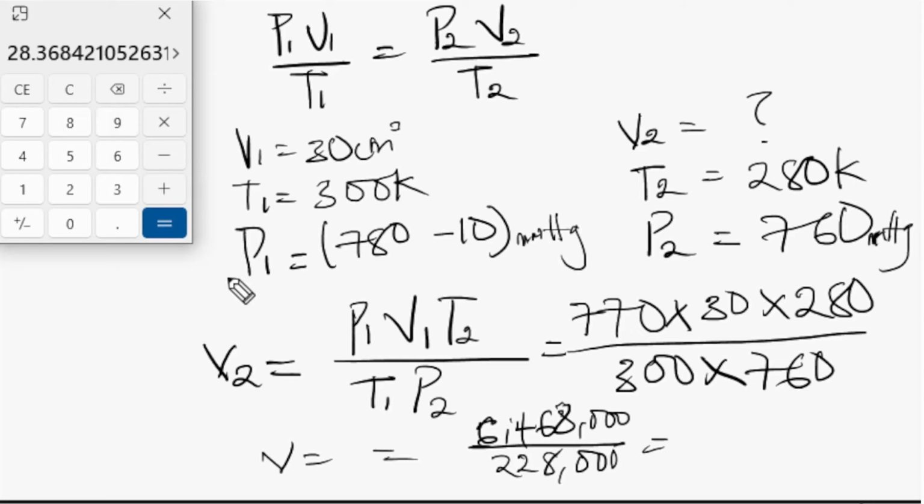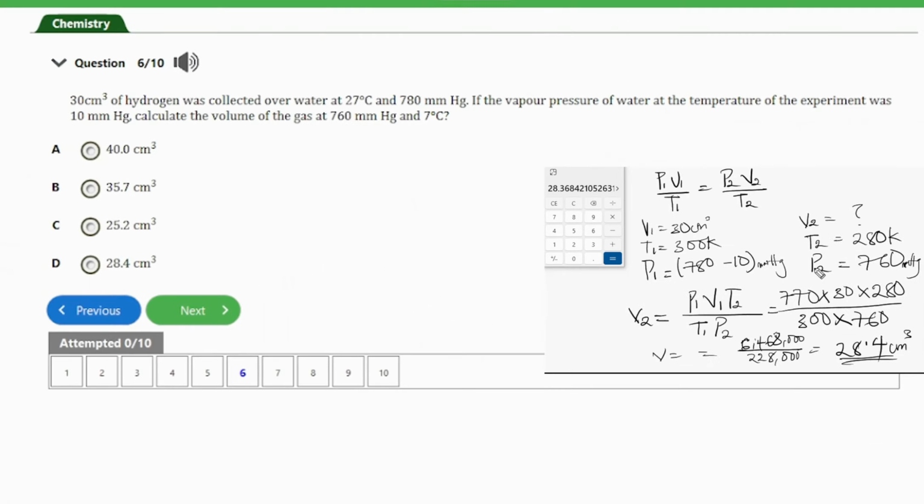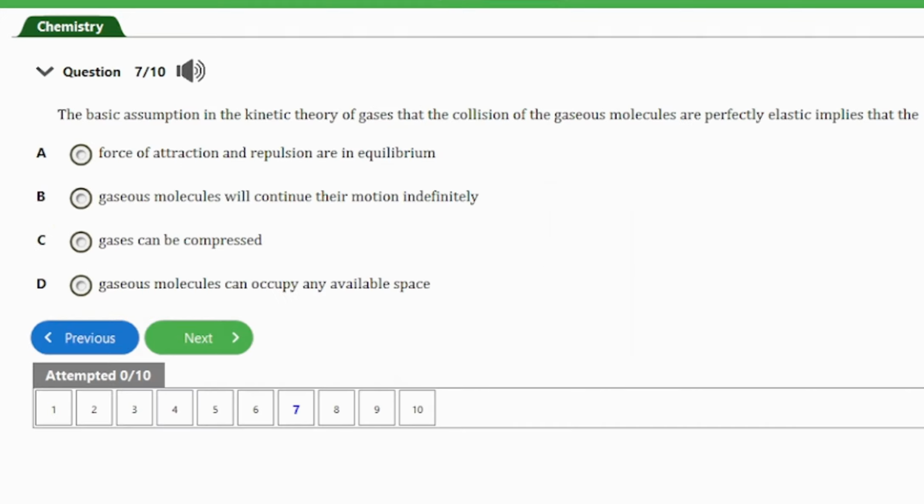That's 28.36, and that's approximately 28.4 cm cube. So guys, that's the answer to this question here, and that's option D here, guys. So go ahead and wipe this, and then let's consider the next question. That's question number 7 here.